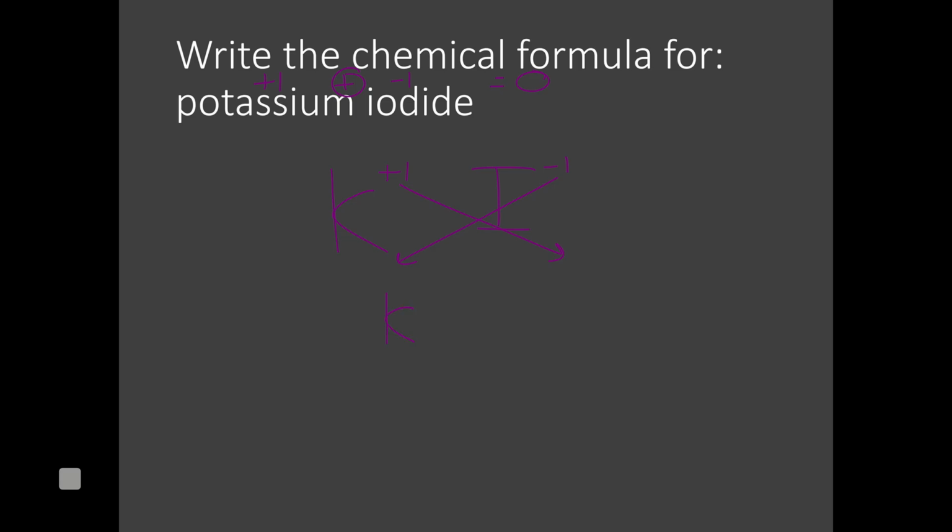So K, -1, I, +1. You can say drop is that it drops to the bottom, or you can say drop the charge part of it. So we have K1I1. And then we would reduce this. Well, we can't get anything lower than 1. We can't have decimals in terms of parts of atoms present in the formula. So this is the final formula.